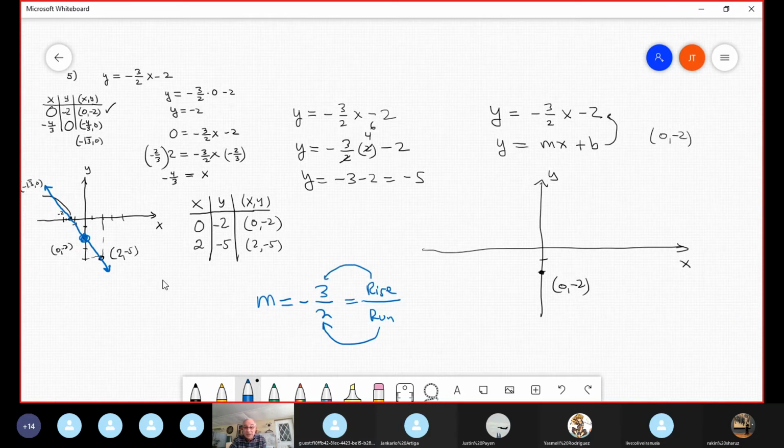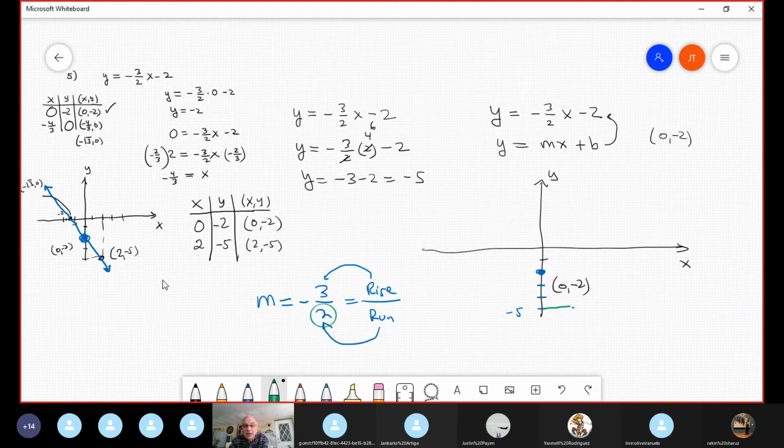So it's going down. From this point, it's going down because it's negative. Rise is negative 3, down. 1, 2, 3. This is negative 5. And run is 2, 2 units to the right. 1 and 2. Okay. This is the run. Run is 2.